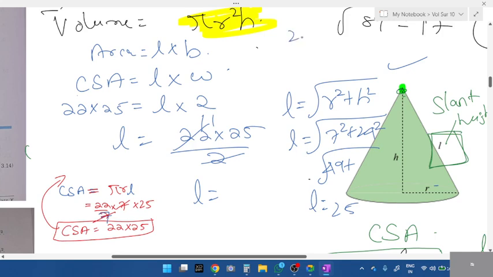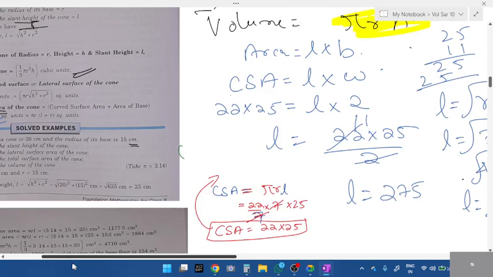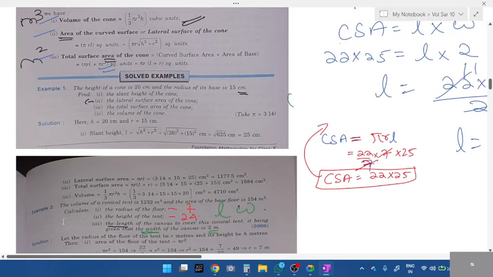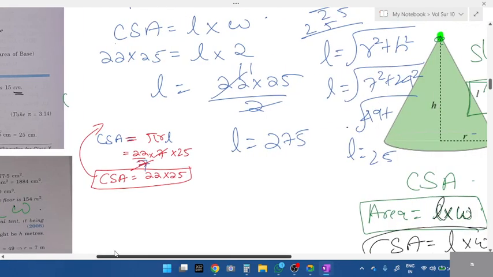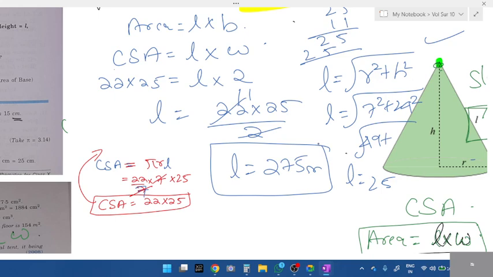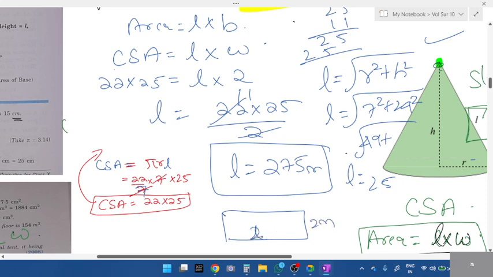L is equal to 25 into 11, that is 275. Length is equal to 275 meters, students. So that is basically the cloth required. Width was 2 meters, length was 275 meters.